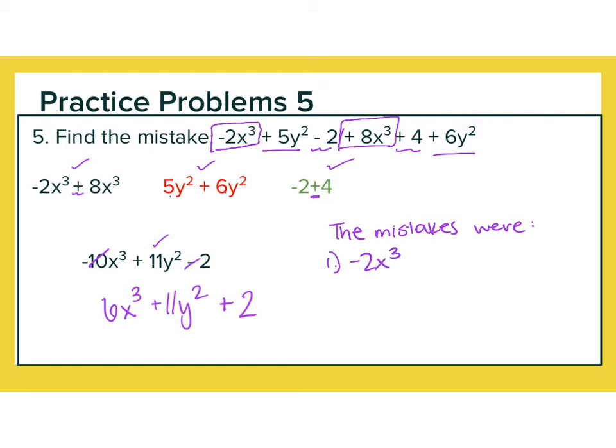negative 2x cubed plus 8x cubed is 6x cubed, not negative 10x cubed. They should have subtracted.